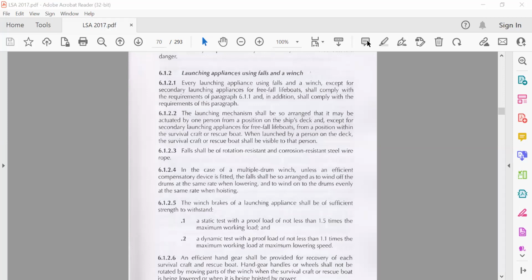And that's talking about launching appliances using the falls and winch, yeah? So here, simple, falls and winch. The falls we talked about briefly when we talked about secondary means of launching and primary means of launching. So this is the exact or simple explanation of the primary and secondary means of launching.